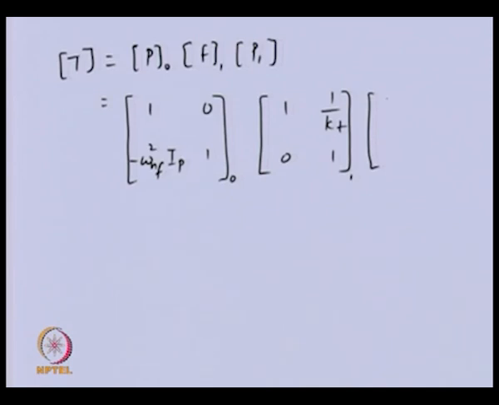Then the point matrix for disk 1, or station 1, is this one. Now we can multiply these. If we multiply these two, the point matrix at 0 station and the field matrix at station 1, we will get this.